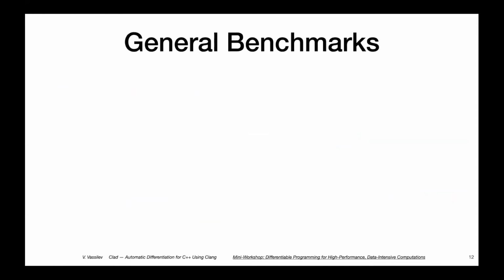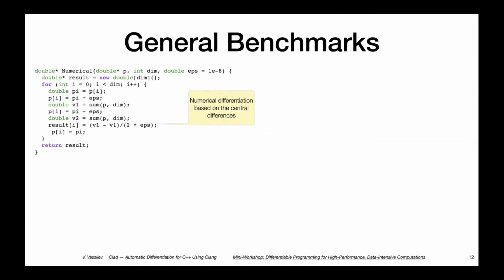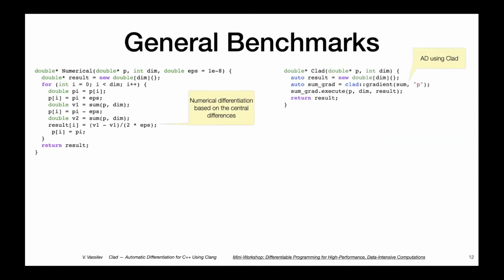Another thing that I wanted to talk about is the current general benchmarks that we can do. And here my comparison would be against the numerical differentiation approach, which is the classical approach for many frameworks and tools, where we use the central differences method, which requires 4 function calls to be able to compute the derivative at some point.